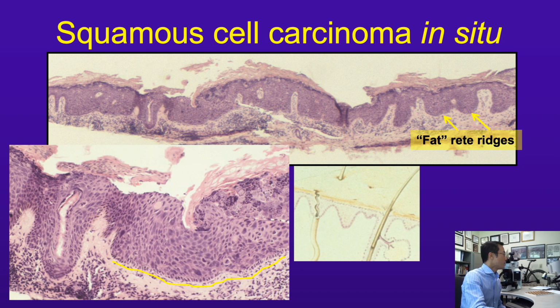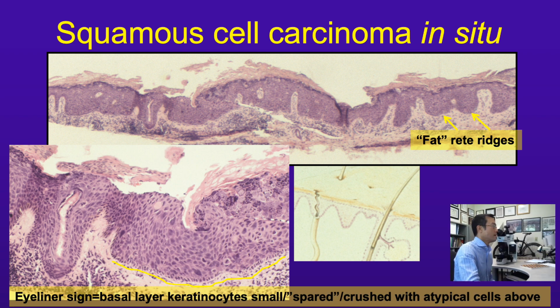At the panoramic view, we can see an example of Bowen's disease, and we can see that overall the rete ridges are just a little bit wider and more bulbous compared to the normal skin, as in Dr. Goldstein's diagram shown here. And in the lower left image, we can see an example of the eyeliner sign, wherein the basal layer cells are relatively small, relatively orderly, and relatively spared compared to the atypia of the keratinocytes above them. Other terms for the eyeliner sign include the skyline sign or crushed basal layer.